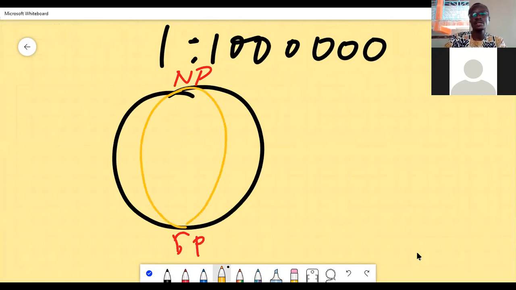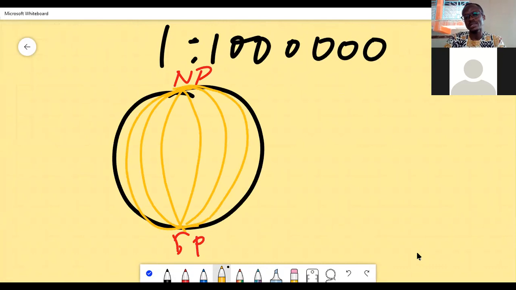These are actually great circles that move from the north pole all the way to the south pole. All the lines that go through the north pole and the south pole and all the way around and back are called longitudes.